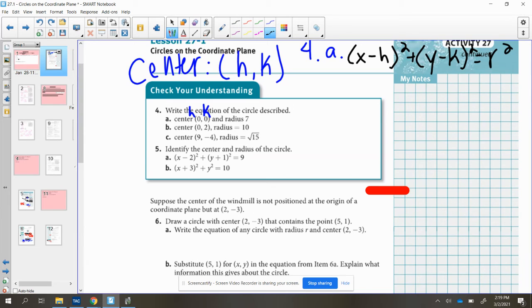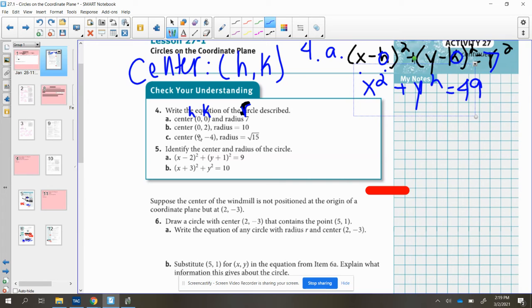We plug in all of these values: h and k are both 0, and the radius is 7. And you're always going to want to simplify. Remember, x minus 0 is just x squared, y minus 0 is just y squared, and 7 squared is 49.